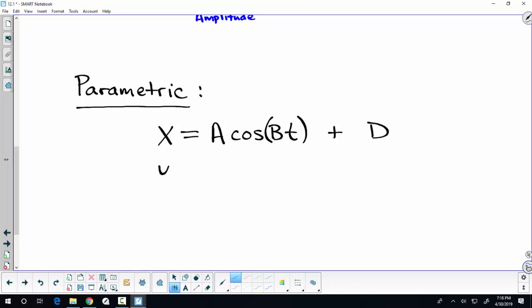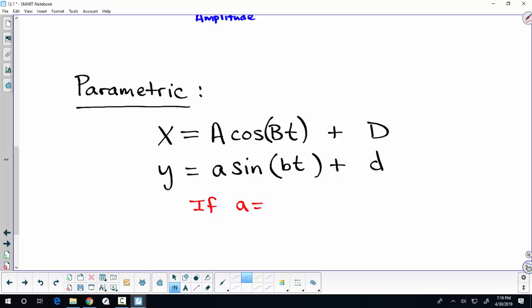And y, let's do lowercase a sine of lowercase b t plus lowercase d. And primarily what we see, this is a circle if lowercase a and uppercase A are the same.